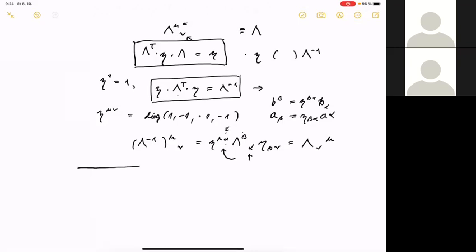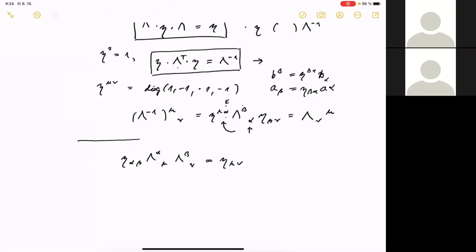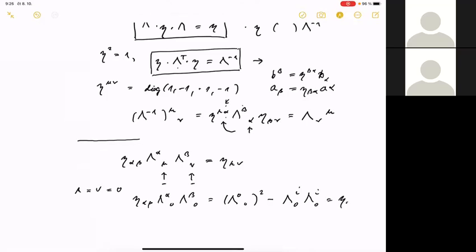First, the defining condition Λ^α_μ Λ^β_ν η_αβ = η_μν, in fact, means that if we fix this index μ and this index ν, we see that we fixed the column index, and that means that the columns of the matrix Λ are orthogonal in the sense that if we take μ equals 0, we get the following equation: η_αβ Λ^α_0 Λ^β_0, which can be rewritten as (Λ^0_0)² minus Λ^i_0 Λ^i_0, and this should be η_00, and this is 1.